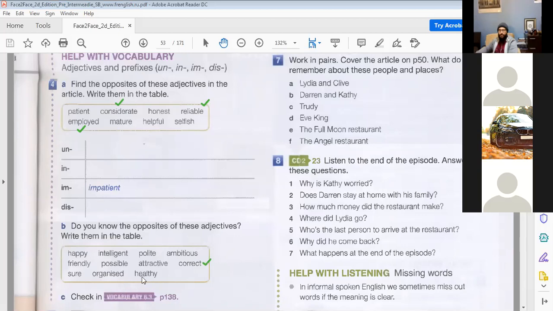Patient. Impatient. Mature. Immature. Honest. Dishonest. Organized. Disorganized.